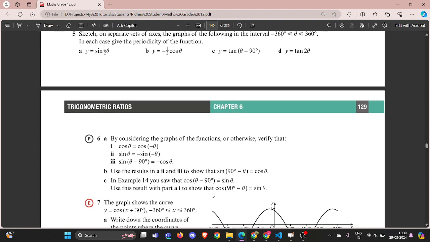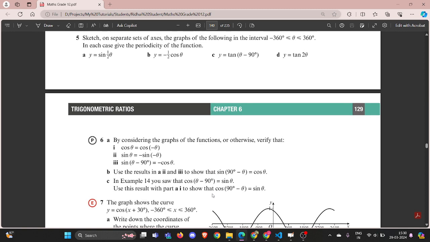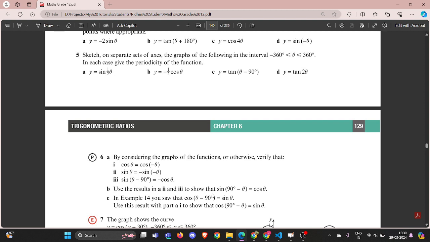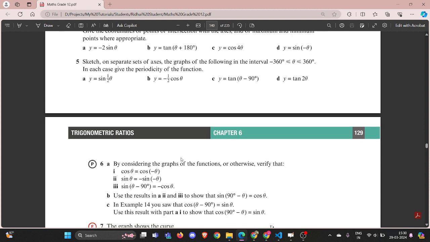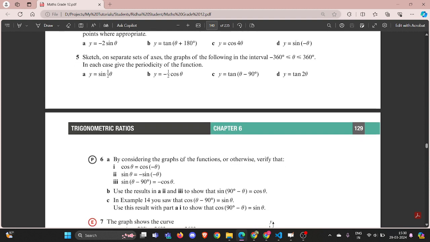I have to show that. Should I draw a unit circle? Let's see how it is. It is asking you to do this using the graphs of the function, input theta. Okay, using the graphs.